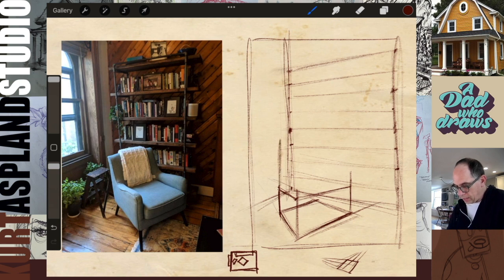I'm going to extend the back here. Extend the back, see this? And now right here, we're just about at eye level, so these are all going to converge. We're kind of ignoring this back wall for right now. These are all heading back.